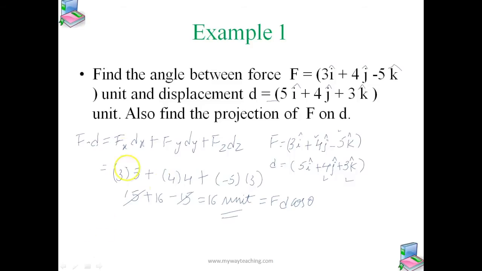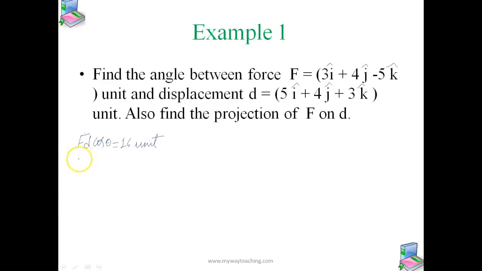If we get the value of F and D, then we can easily find the value of theta using this equation, isn't it? So let us find the value of F. We already know F D cos theta is 16 units, so let it be equation 1.